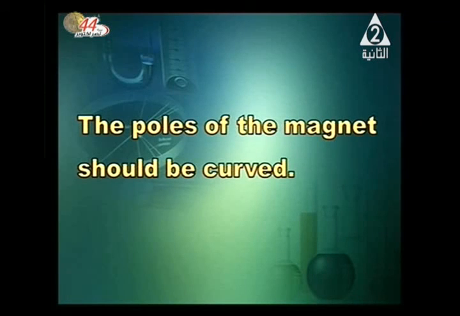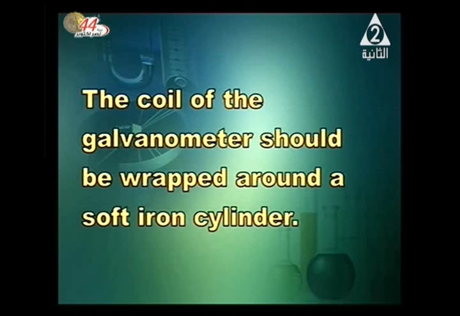First of all, the poles of the magnet should be curved. Poles of the permanent magnet used should be curved. The coil of the galvanometer should be wrapped around a soft iron cylinder. So we need the presence of a soft iron core.